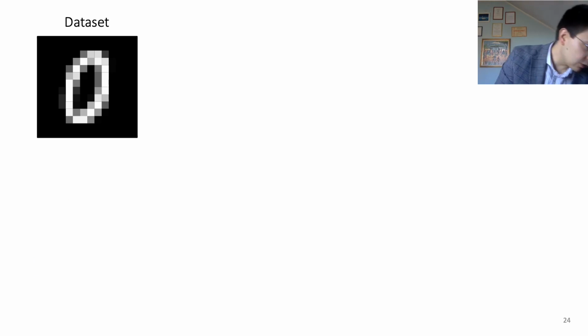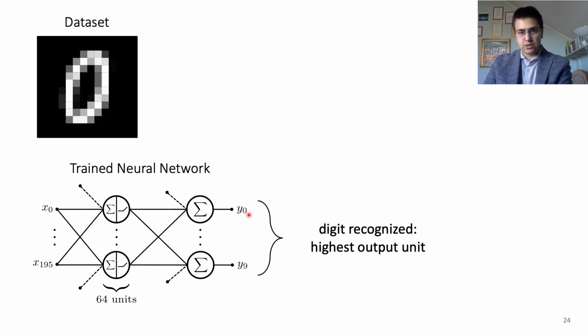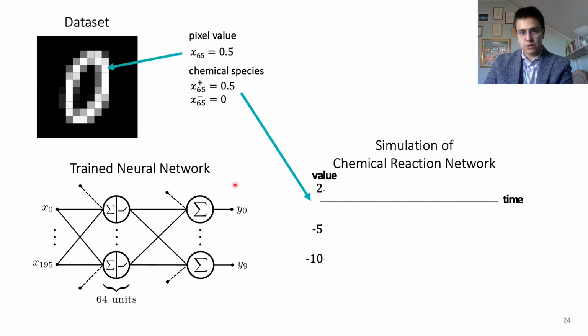So let's illustrate our technique on some experiments. This is the MNIST dataset. We train a neural network on it, which on its inputs receives pixel values of the image, and on the output predicts what digit is there. The output unit that has the highest value is the digit the neural network recognized. Using the bridge, we can translate it to a chemical network.